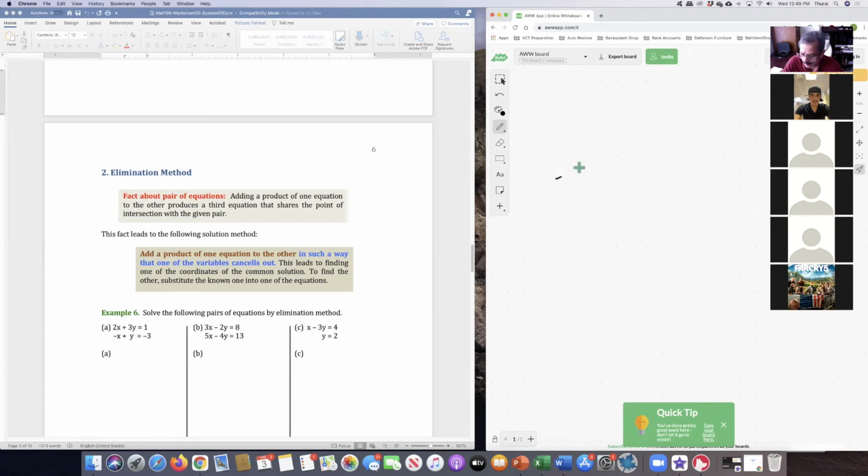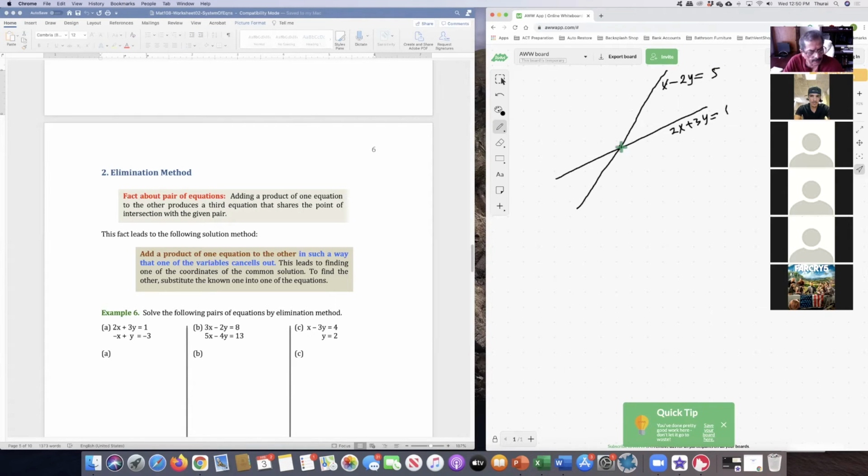Let's say one equation is 2x plus 3y equals 1. And you have another equation, you graph that, and it meets this line. And let's say that equation is x minus 2y equals 5. I'm just making up some equations. Then this point is the point of intersection.